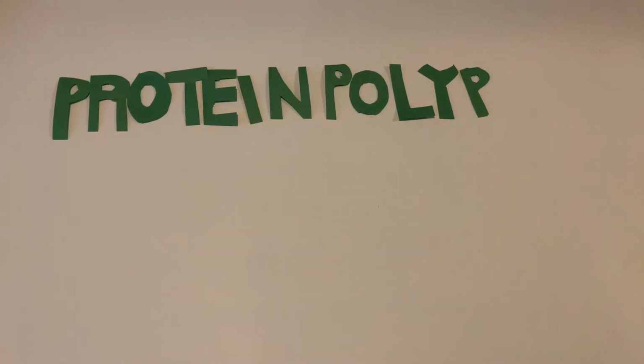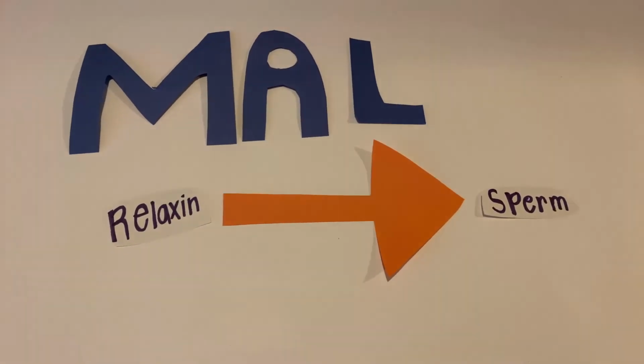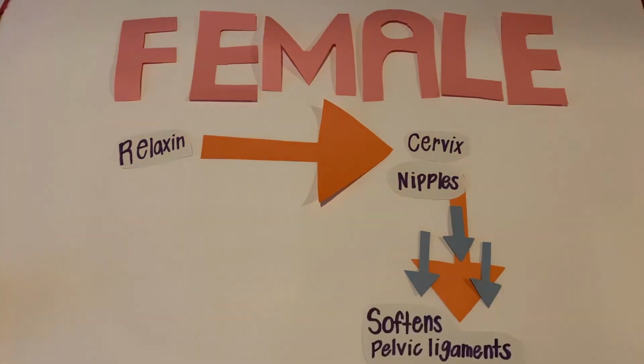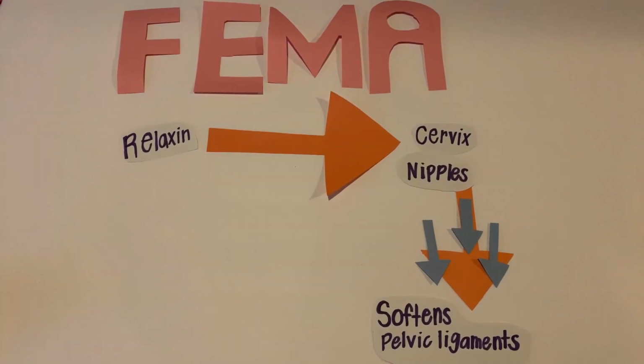Peptide. Sperm is the male target, cervix and nipples in females is where it acts, and it functions to soften pelvic ligaments.